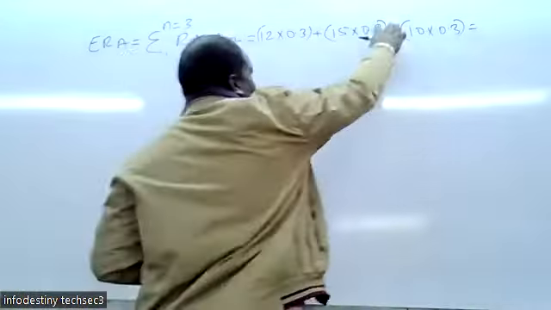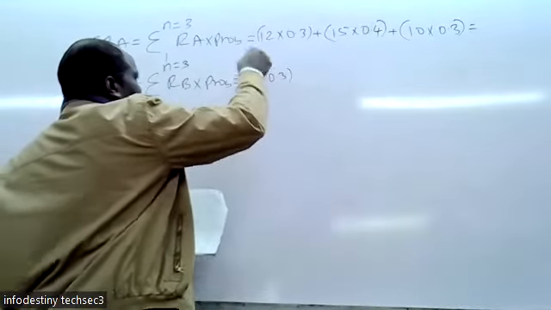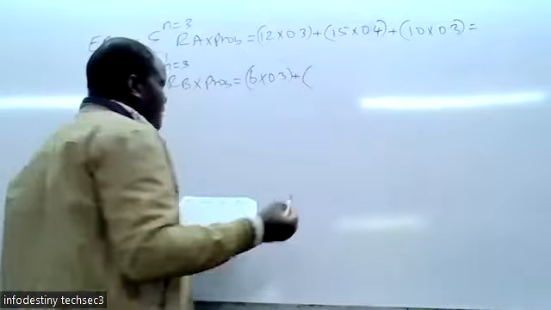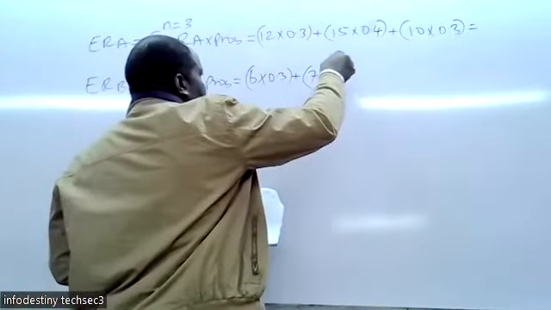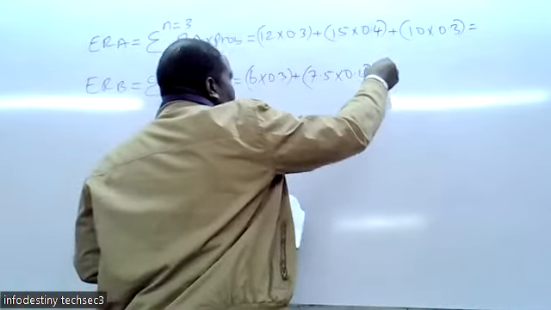Then you do the same for B. Expected return for B, you also get the summation from the first observation to the last. So you get the return for B multiplied by the probability for each. The first return for B is given as 6, multiplied by 0.3. The second return for B is 7.5 multiplied by 0.4.